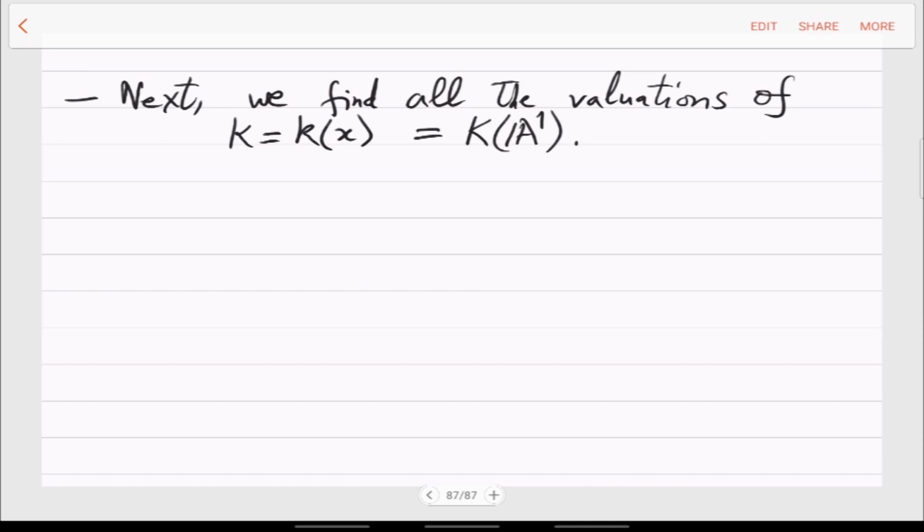And the third property was integral closure. Integrally closed means that if a monic polynomial has a root in the field, then it actually has a root in the ring. In that case you call the ring integrally closed.